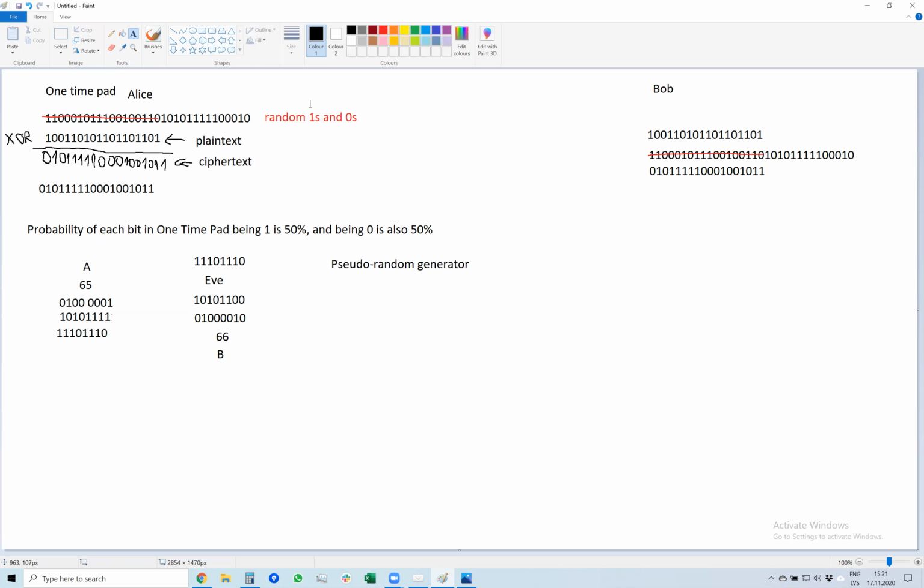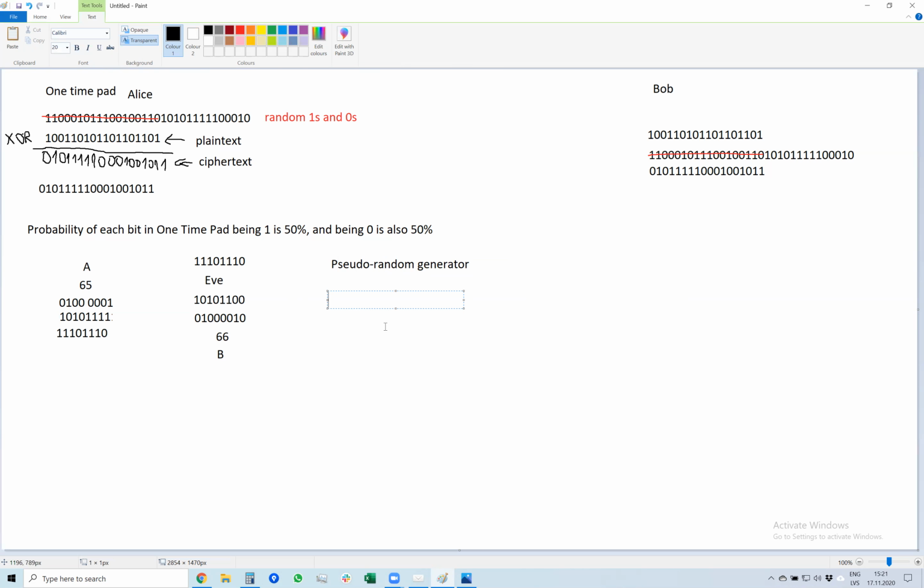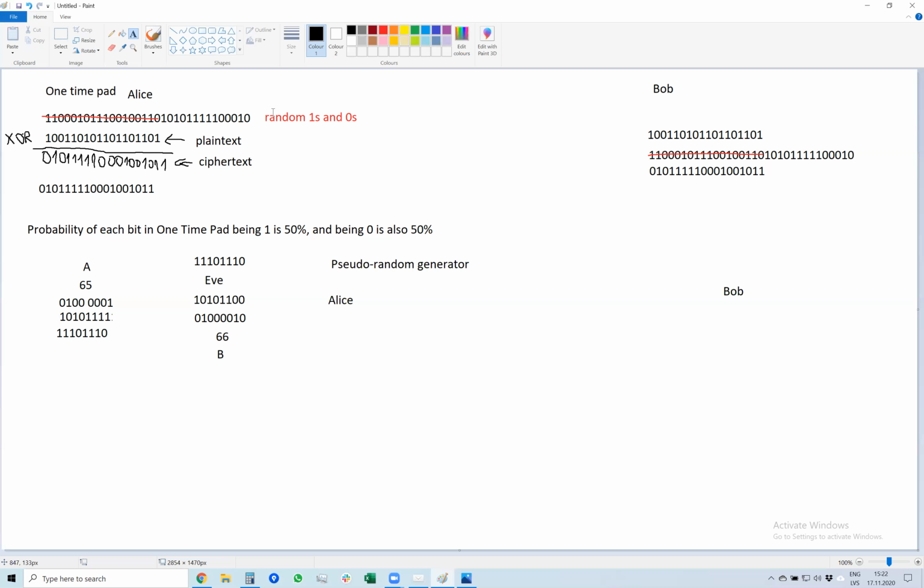So the idea, and this is how modern encryption algorithms work, is the following. We have Alice and Bob and a public, well-known, time-proven algorithm, which we'll call a pseudo-random generator.